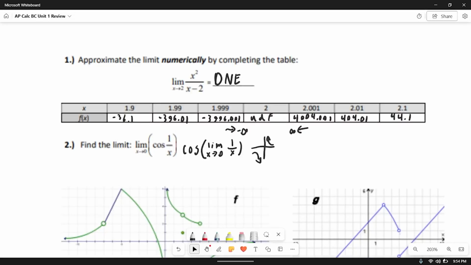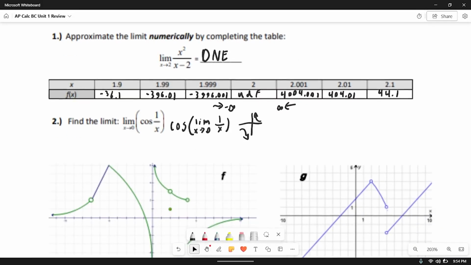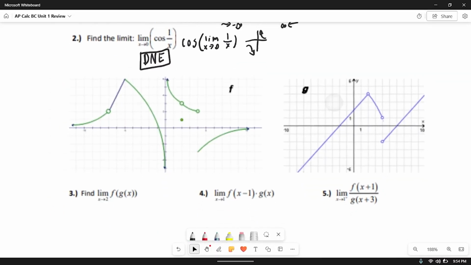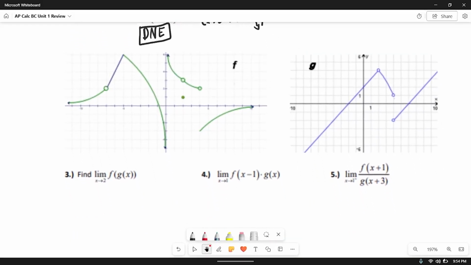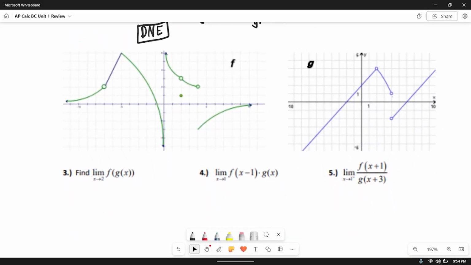But if you don't know that, this is the calculator section, so you can graph it and see that, and then you would see that this does not exist. You can also do this without a calculator by plugging in a number less than 0 and seeing that it approaches negative infinity, and plugging in a number greater than 0 and seeing that it approaches positive infinity.